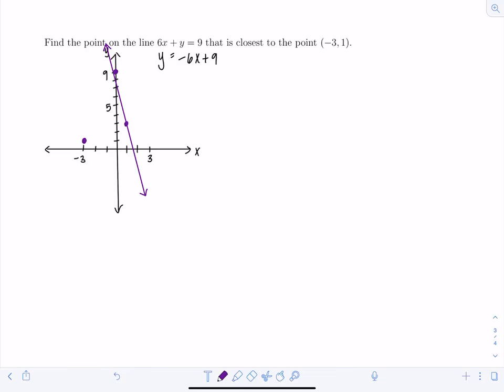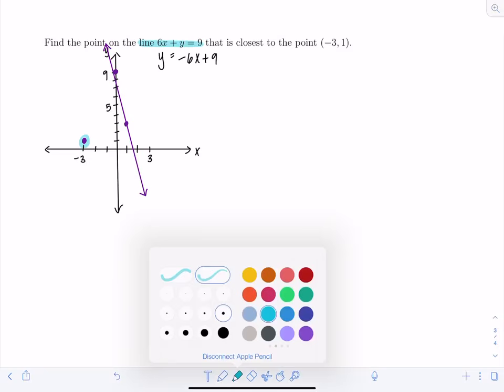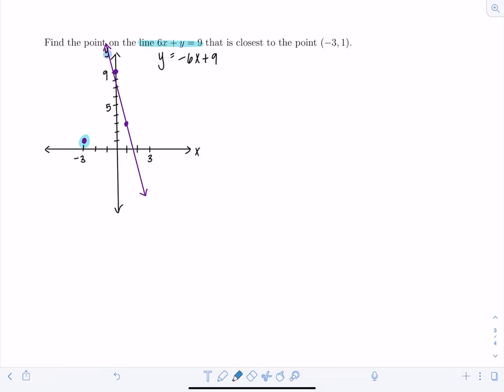Okay, so I need to find a point that's on this line that's the closest to this point here at -3, 1. So there's infinitely many points on the line, right? Here's a point on the line, here's a point on the line, here's a point on the line, so on and so forth. Which one's the closest? Well, later on you're going to learn that it's the one that's perpendicular if you connect it, but we need to find the coordinates, not just eyeball it using a graph, okay?